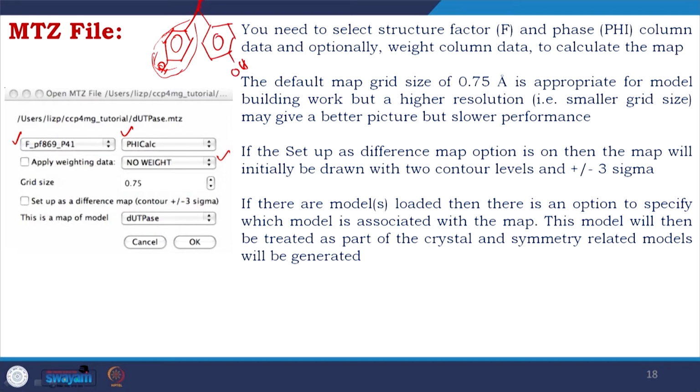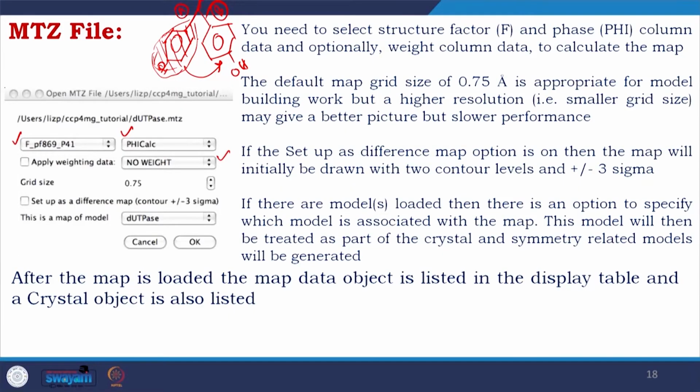So, if you specify, then the map will take the proper space, it might shift from here to here. If you specify which one is the structure, the A structure or the B structure, the model which is assigned for the map will go and fit it. So, that is what you could see.